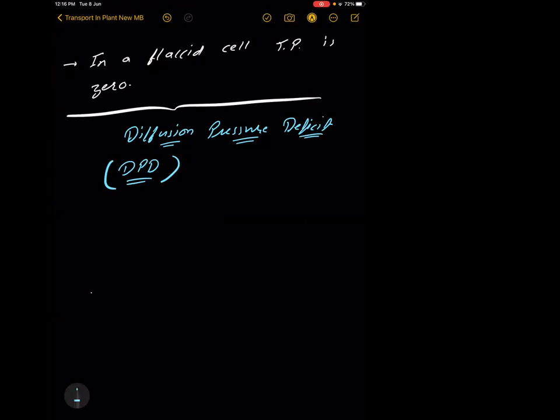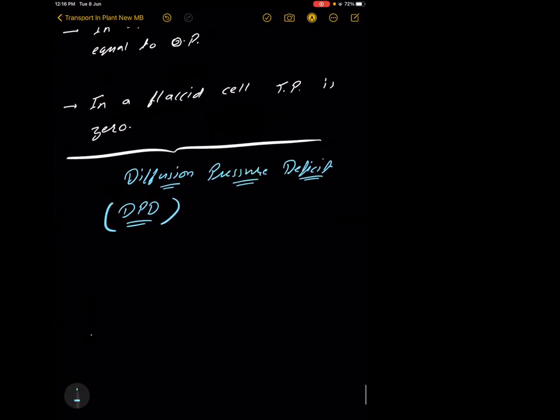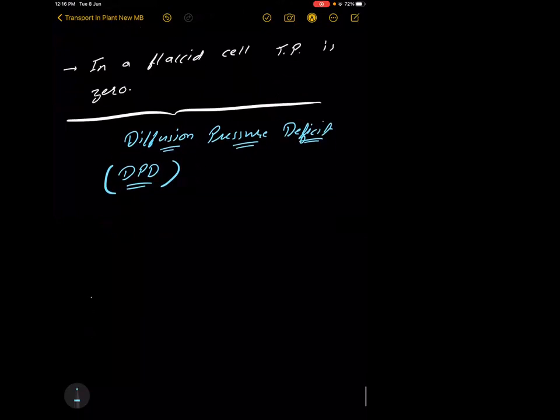Sir, what is the last word after diffusion pressure? Deficit, D-E-F-I-C-I-T. Deficit means deficiency, you can say a reduction. So there is a reduction in the diffusion pressure; that is called deficit.